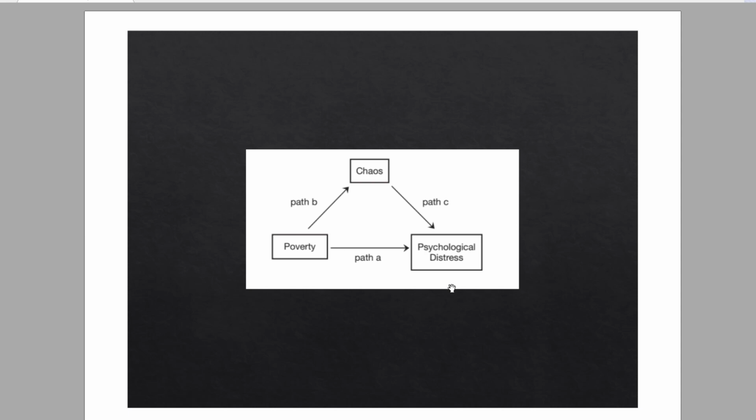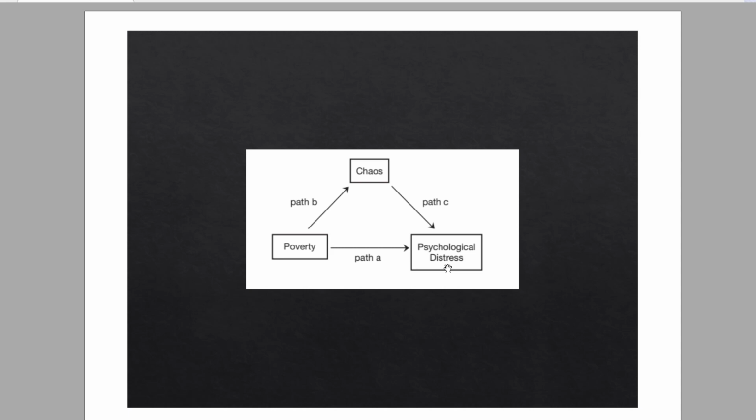Maybe a chaotic environment relates to psychological distress and also probably relates to poverty. Because this chaos is related to poverty, you actually don't know which one is related to psychological distress.